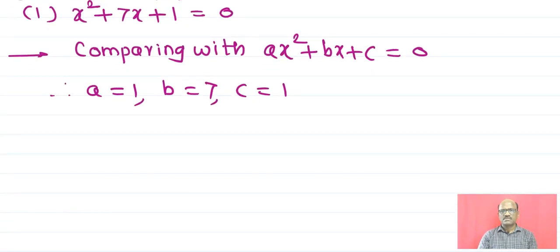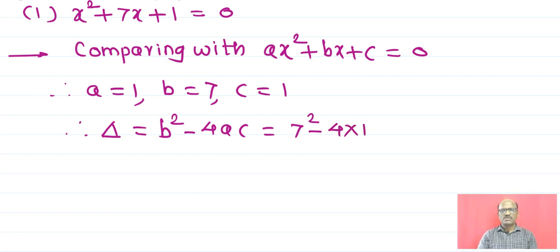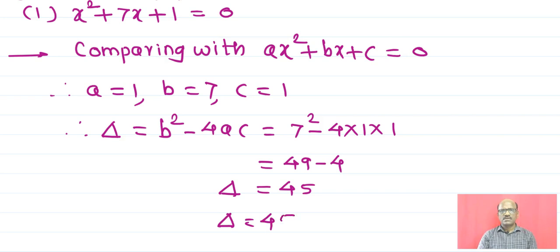Therefore, delta is equal to b square minus 4ac. The value of b is 7 square minus 4 into 1 into c, 49 minus 4, that is equal to 45.